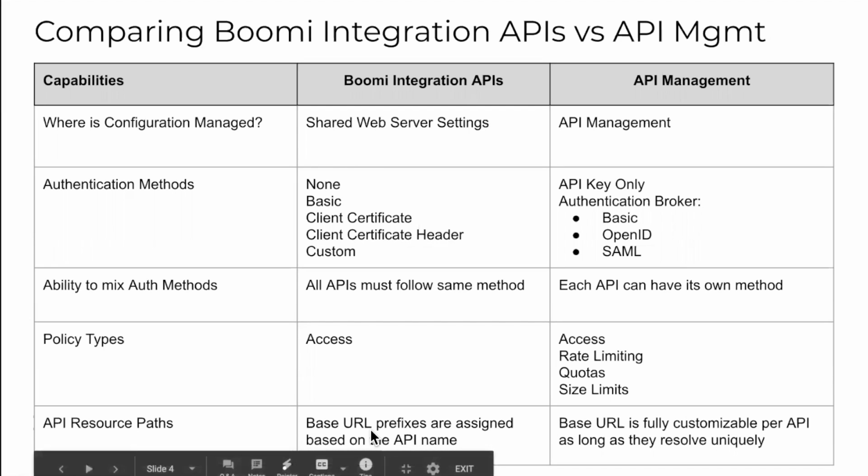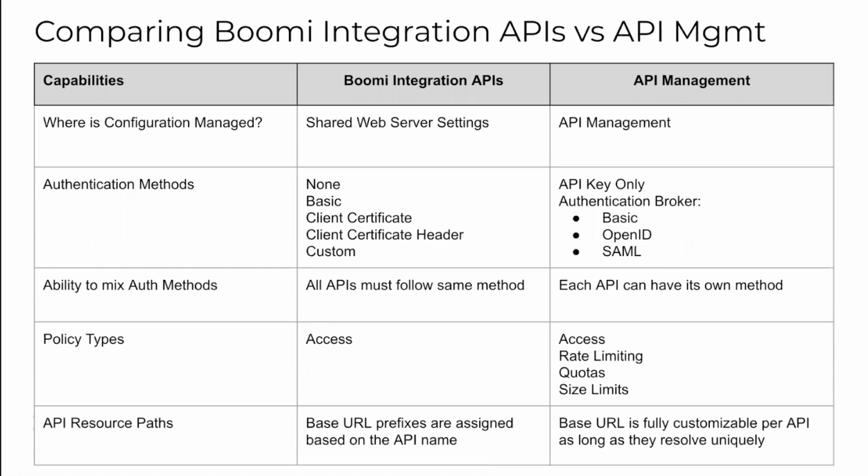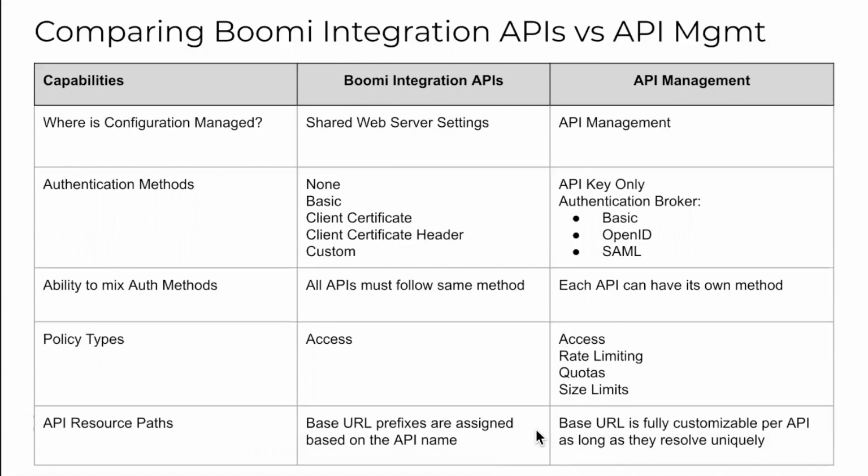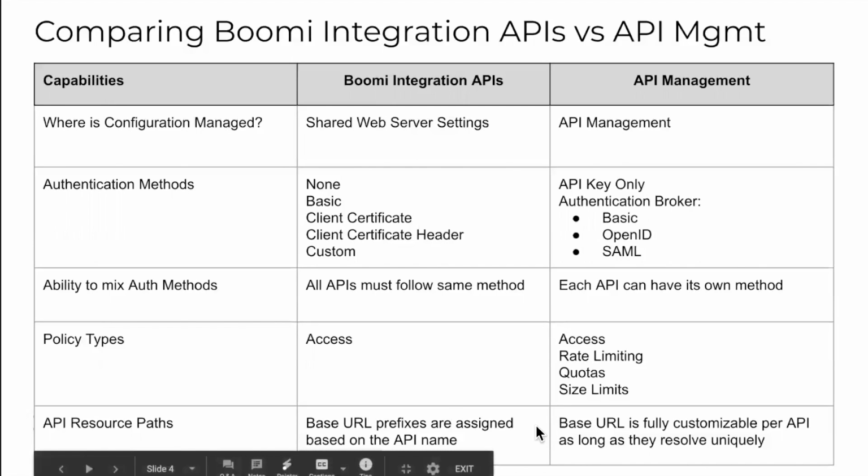And then for resource paths, these would be the URL that you actually access the API. Within Boomi integration, those are pretty fixed. They're derived from a base URL that applies to the entire runtime, concatenated with essentially the API name.